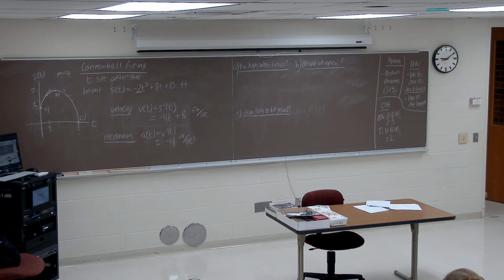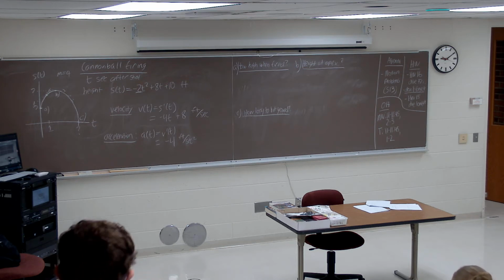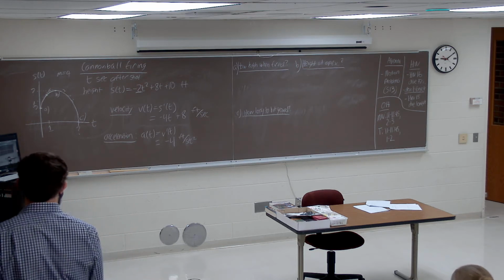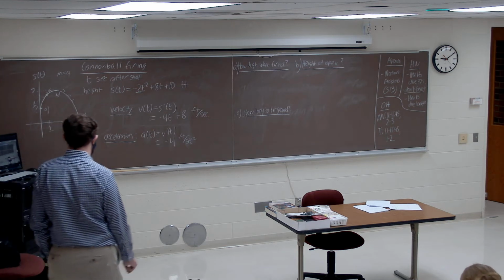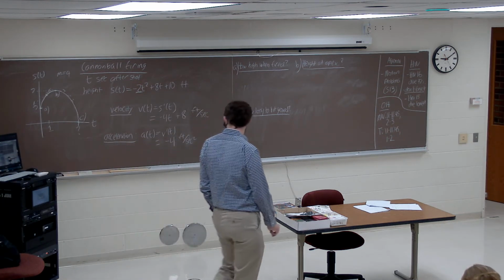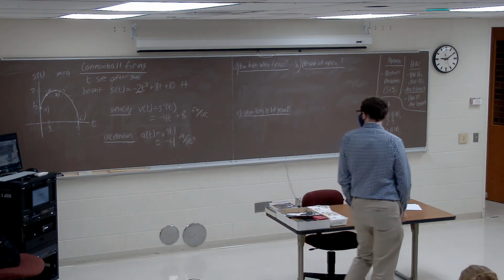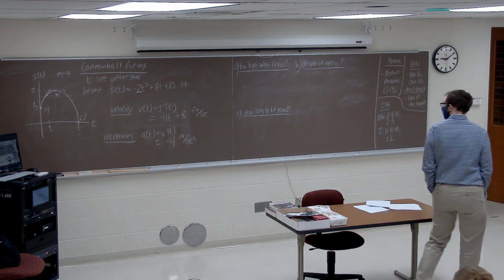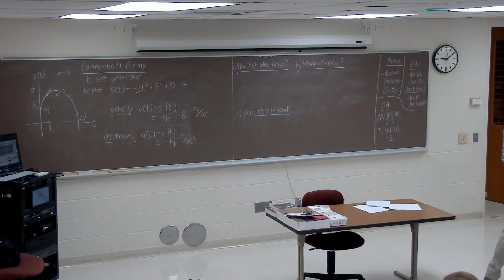So you put 0 equals negative 2t squared plus 8t plus 10. You can use the quadratic formula. And so then the answer is negative 1 and 5.